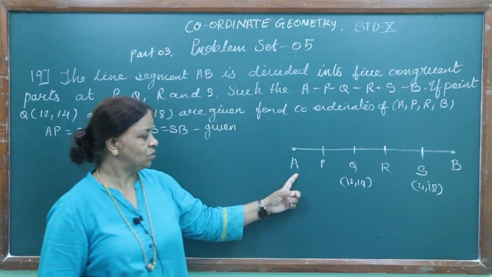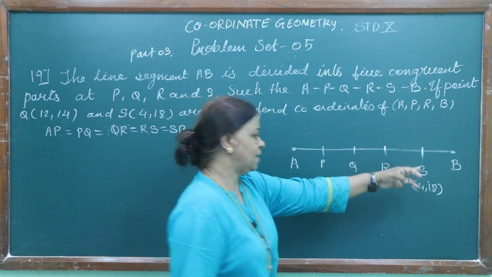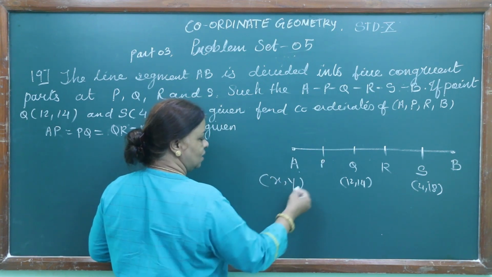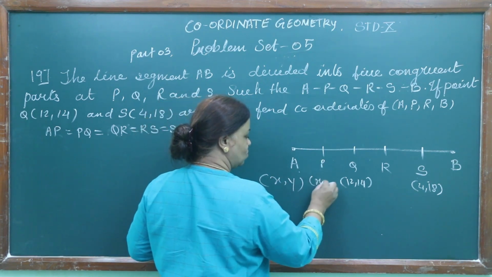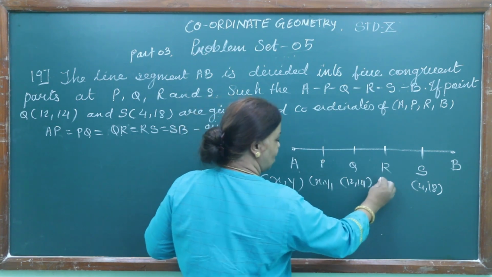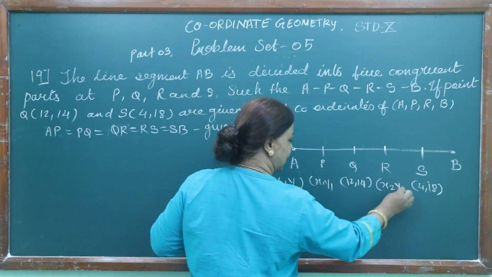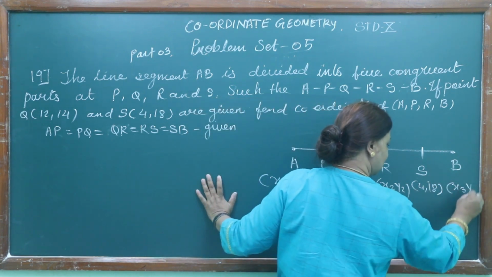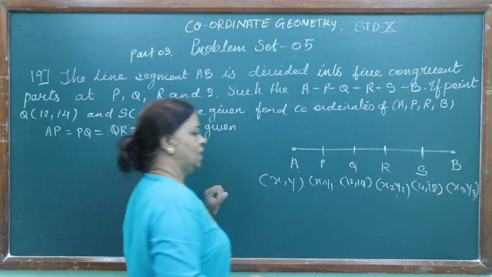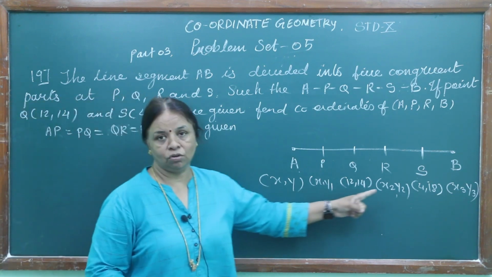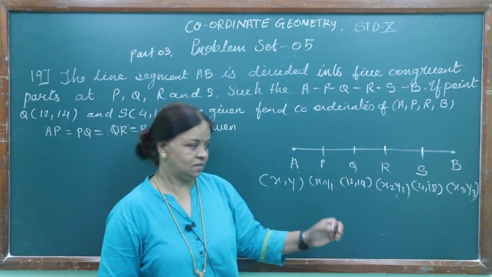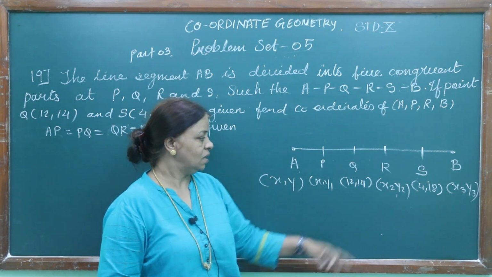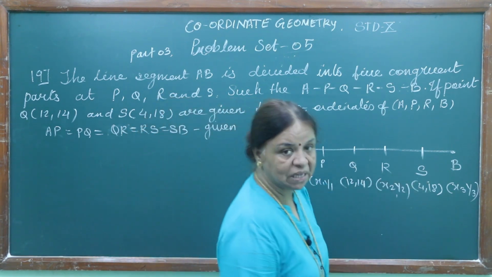We need to find out the coordinates of A, P, R, B. Let us assume A coordinate as (x, y), P coordinate as (x1, y1), R coordinate as (x2, y2) and B coordinate as (x3, y3). Now we need to find out the values of all those coordinates of the points A, P, R and B.